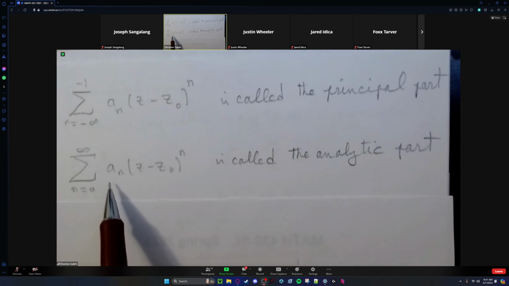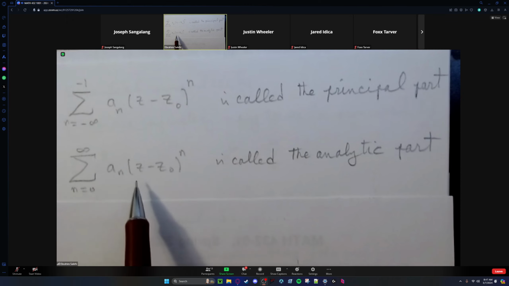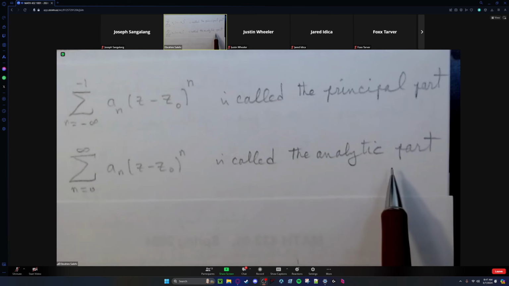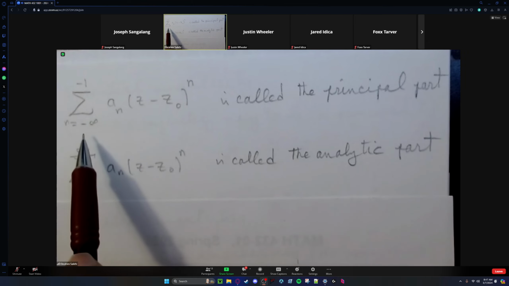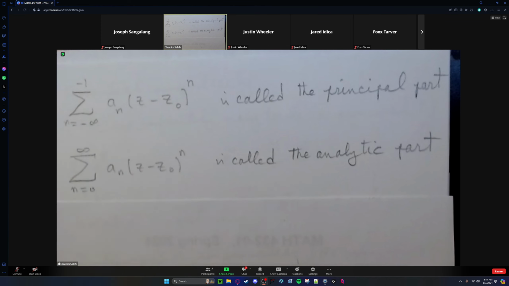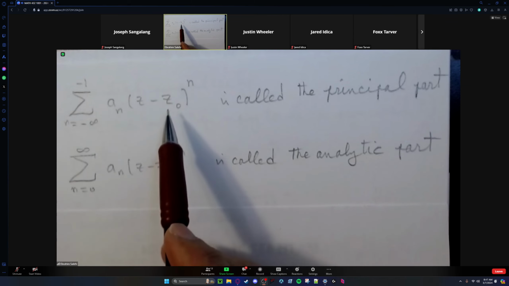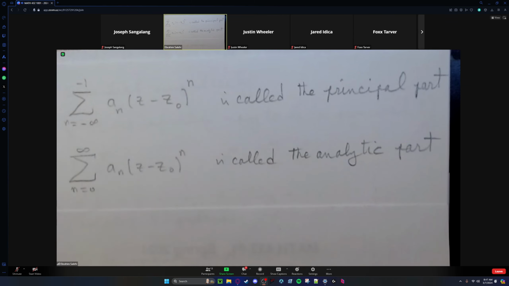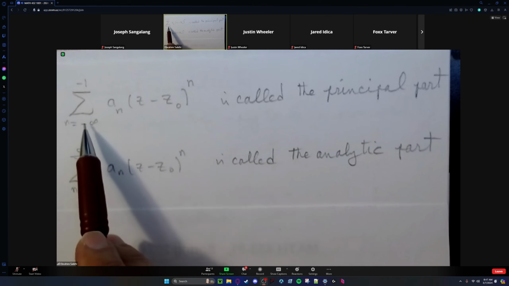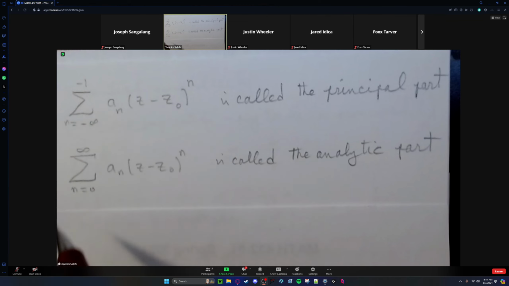We really don't have any problem with the analytic part, we like it. So we concentrate on this part, the principal part, and we classify these isolated singularities based on the structure of this principal part.